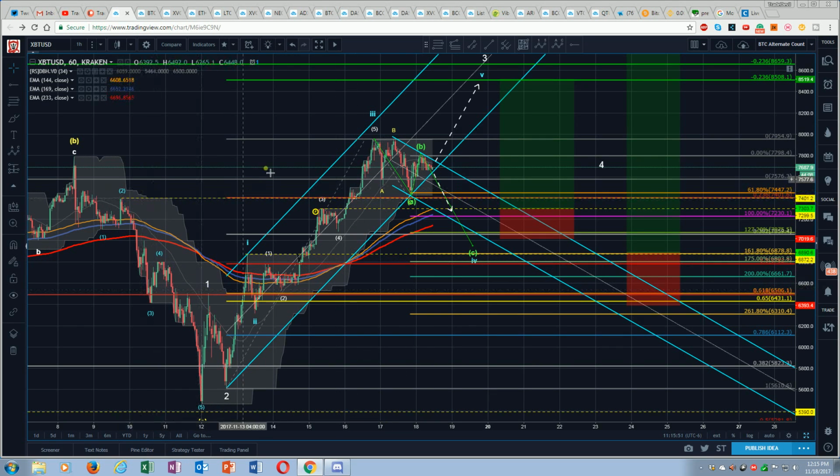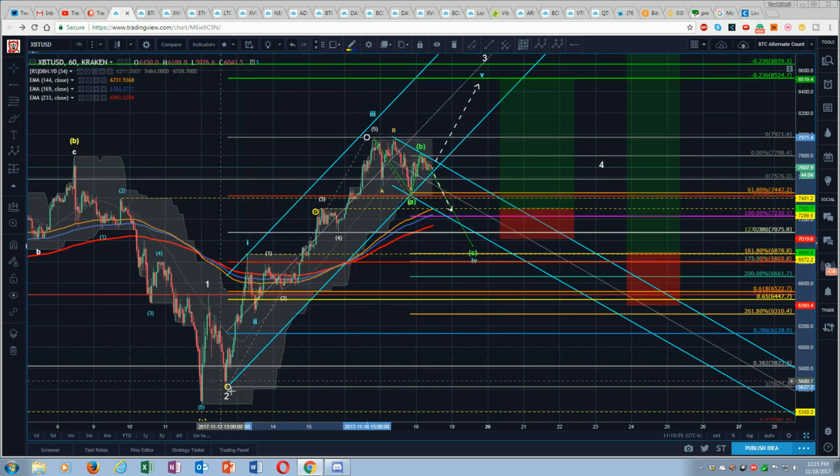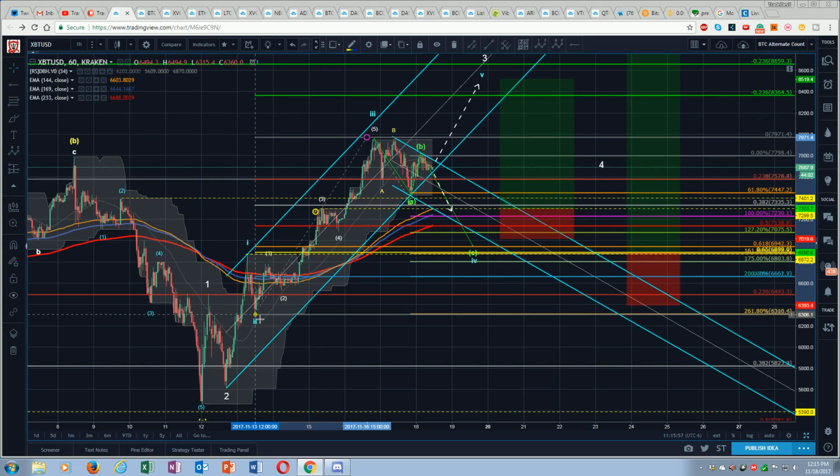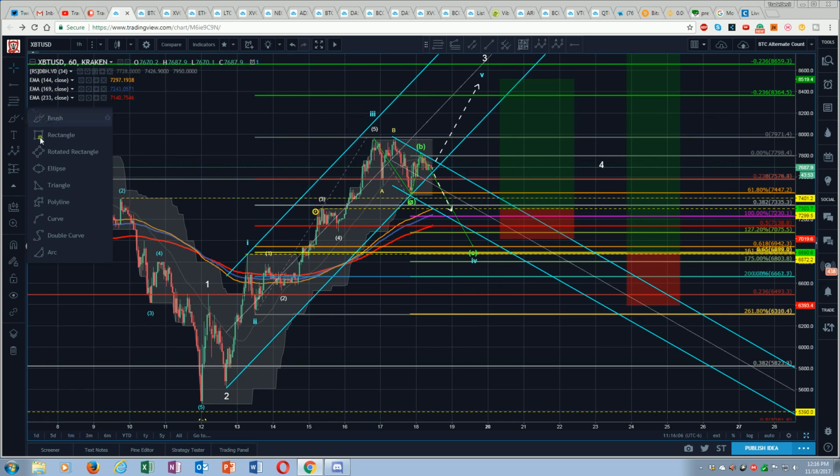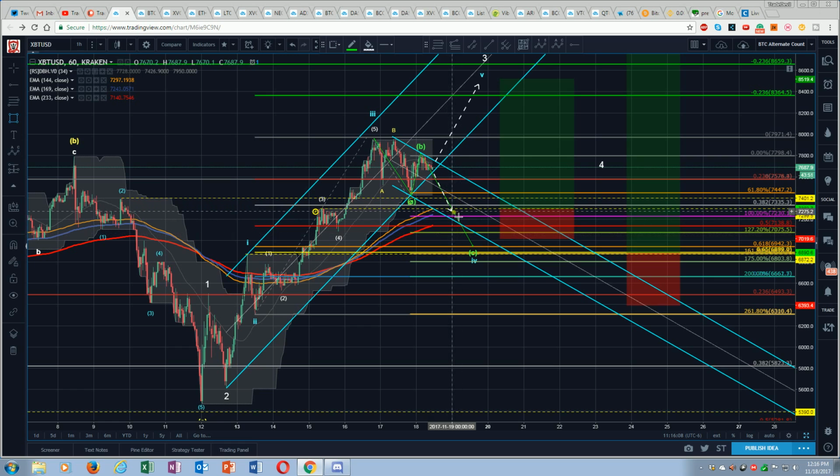Do you see that? So you'd also want to look at this here. Given this as the 2, now look at that. If this is our 2-3, we'd be anticipating the 50%. I know there's a lot on here, but this is the way you've got to do it.